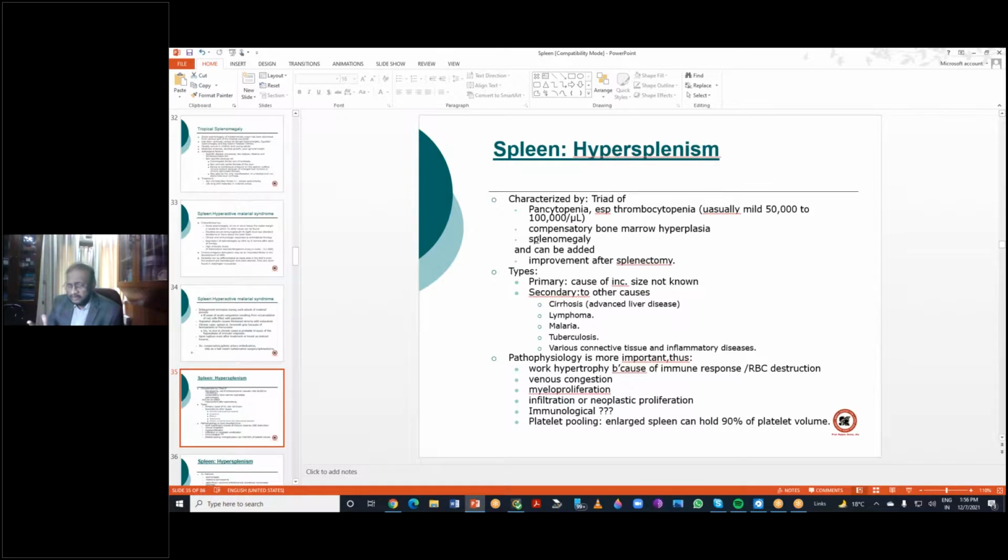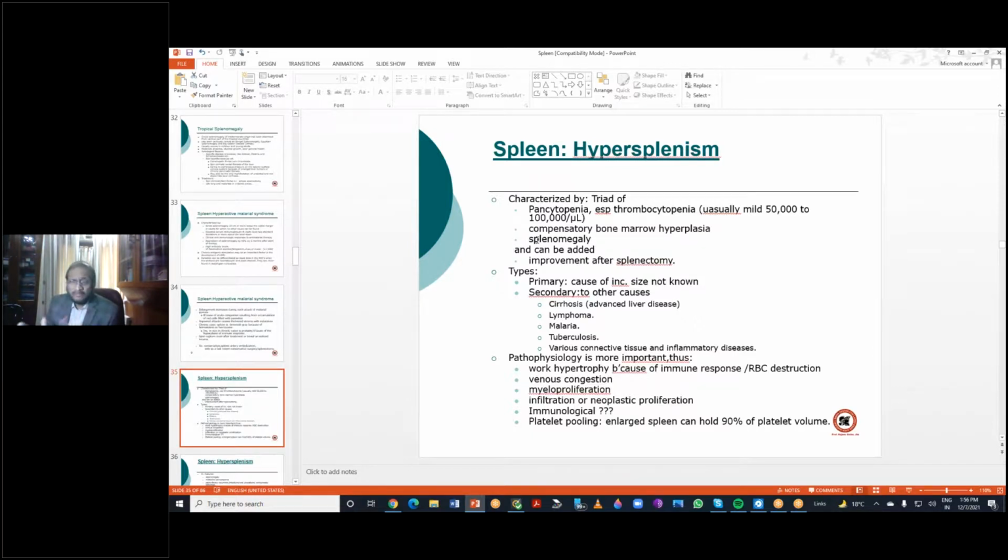Number one, a low platelet count, below 50,000 to 1 lakh. Number two, compensatory bone marrow hyperplasia, seen as megakaryocytes. And number three, splenomegaly. And you can add a fourth thing, and that is once splenectomy has been done, there is improvement. So that is the characteristic triad of hypersplenism.